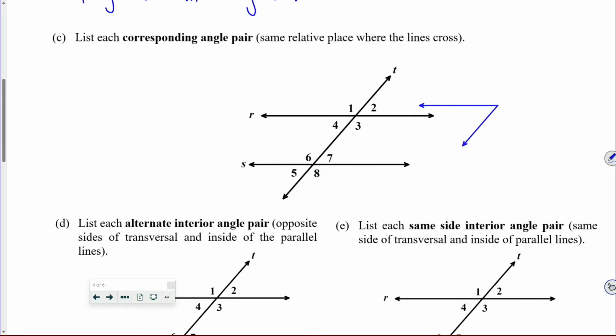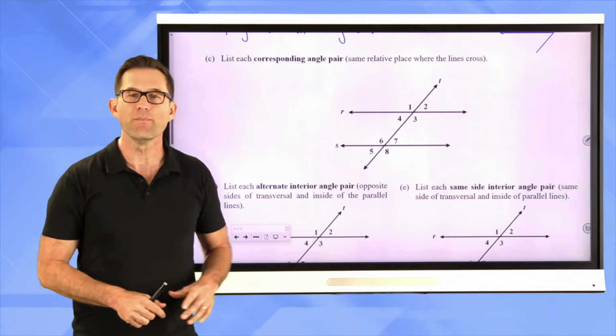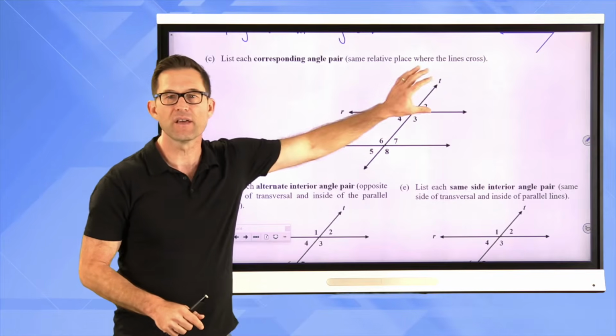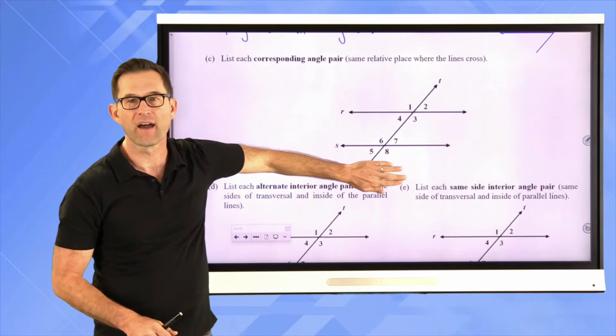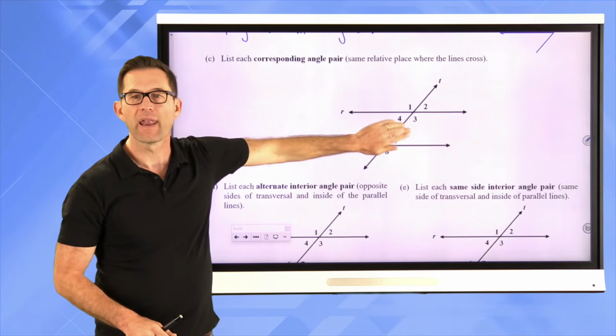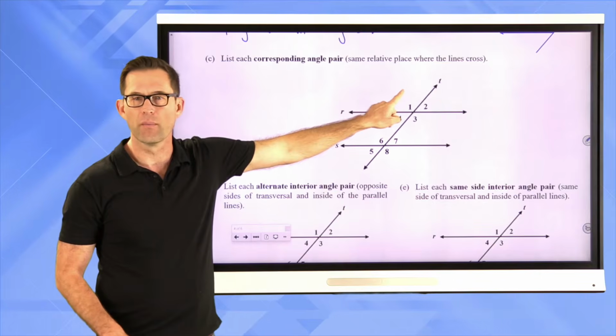Letter C. List each corresponding angle pair. Same relative place where the lines cross. All right, let me just get rid of my blue angle and let's talk about corresponding angles. If I look at just this area up here, and I kind of ignore this, and I look at angle 1. Angle 1 is in the upper left-hand corner up here.